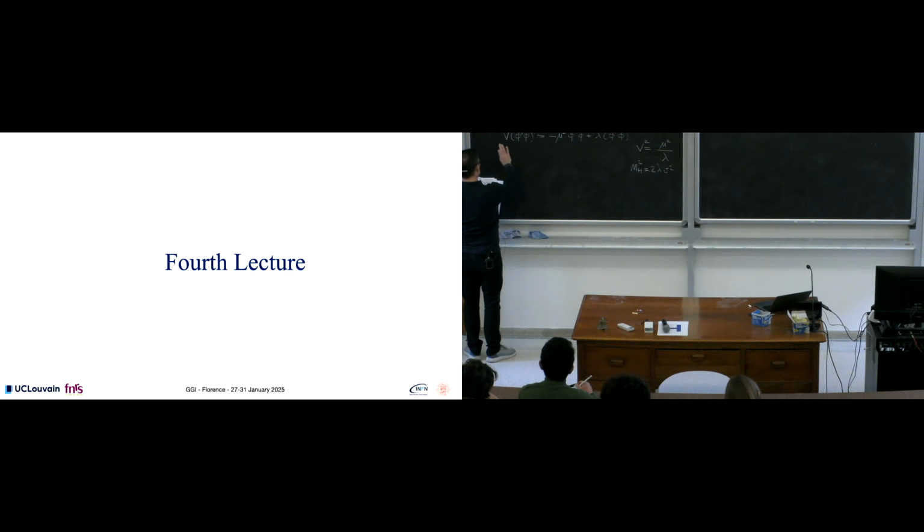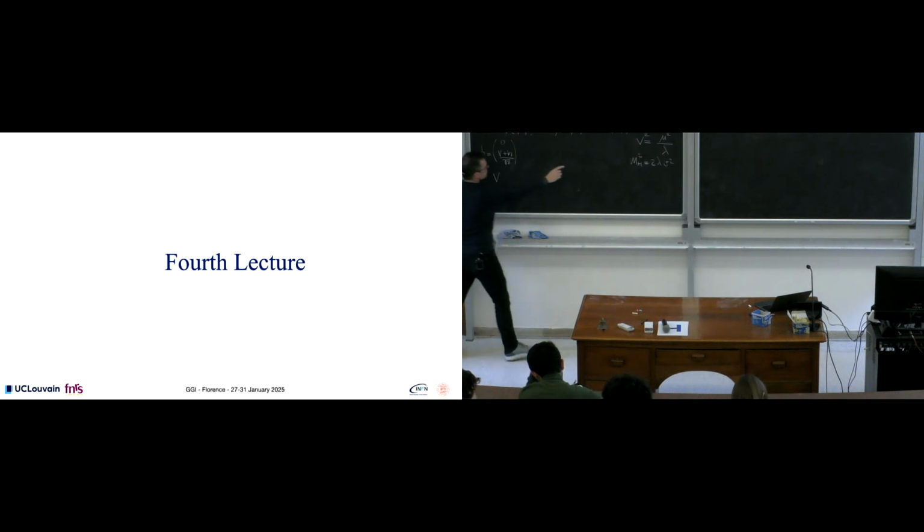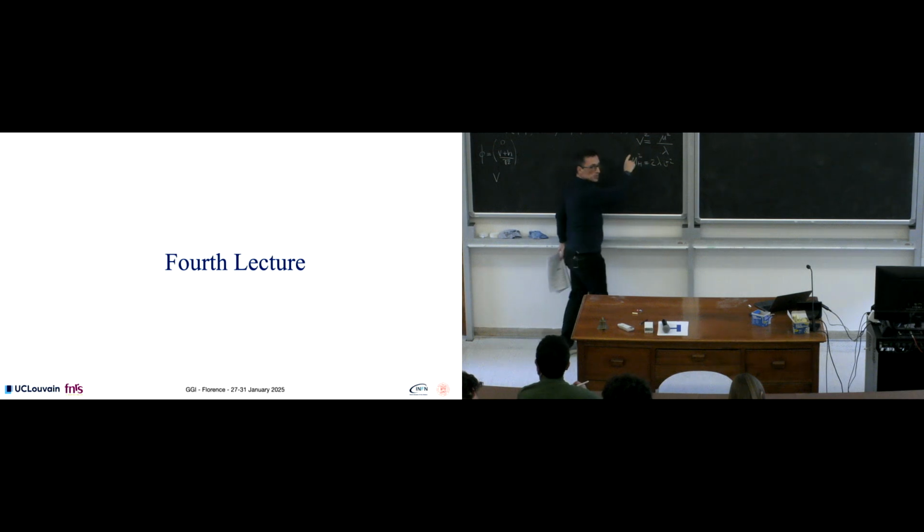So this is a textbook exercise, right? We do it in the standard model course. We go into unitary gauge, and then we substitute, okay, with this constraint. So this constraint is the minimum.